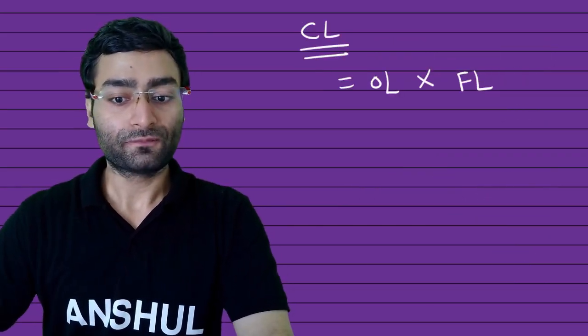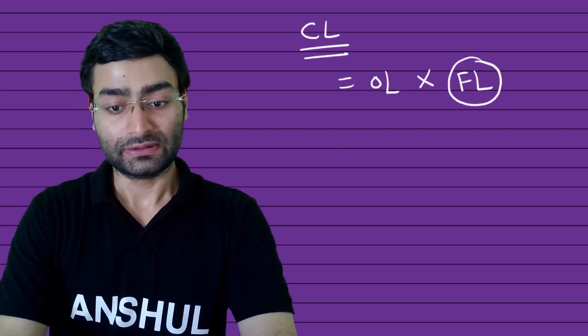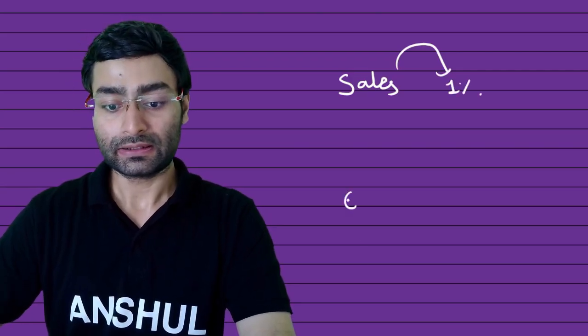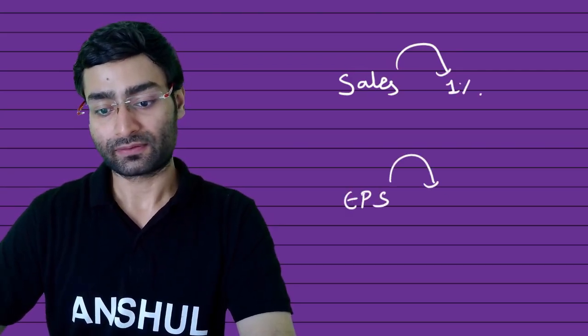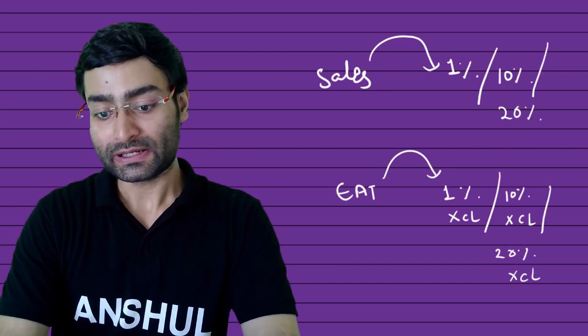Because we have two formulas for the financial leverage, there will be two interpretations for combined leverage also. The other interpretation is when we are using the formula of financial leverage when preference dividend is available. In that case, the interpretation of combined leverage will be: if sales changes by 1%, now EPS will change by 1% multiplied by combined leverage, not EAT.